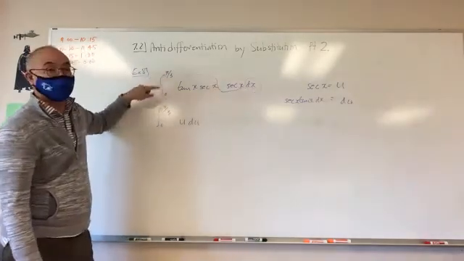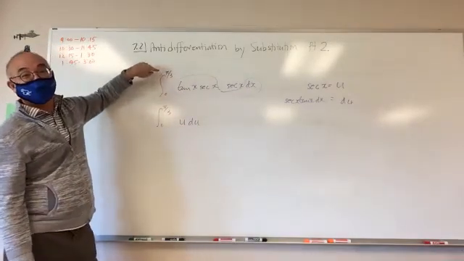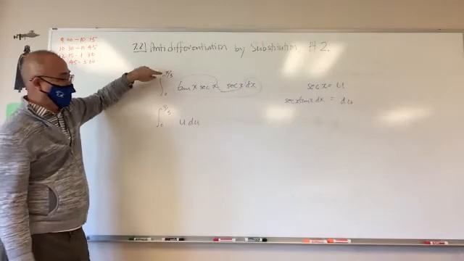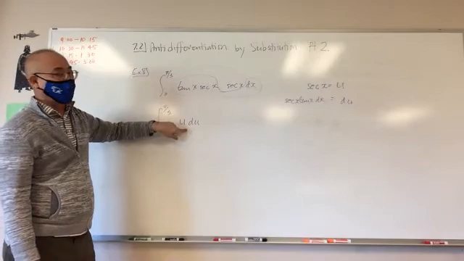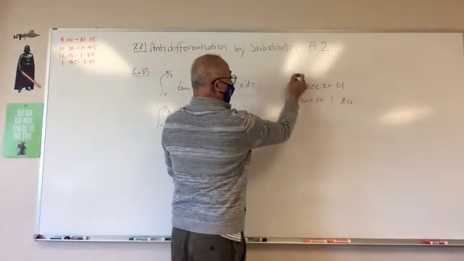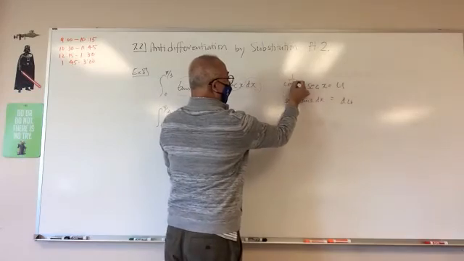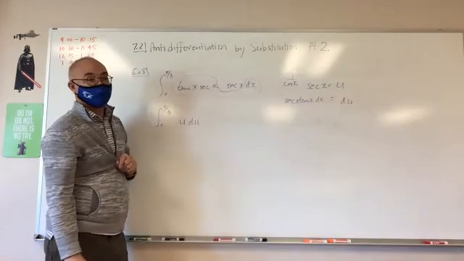When x equals 0, x is equal to pi over 3, right? But now I'm dealing with u. So when x is equal to 0, what do I get?